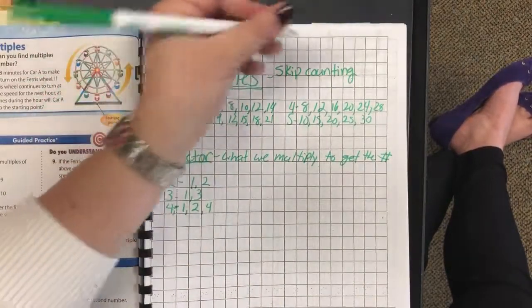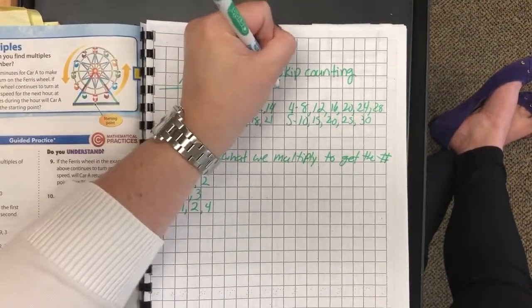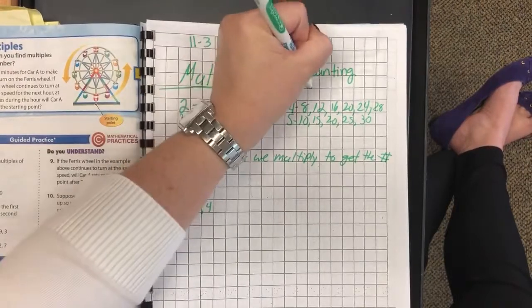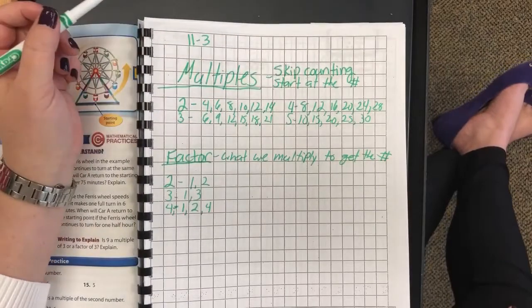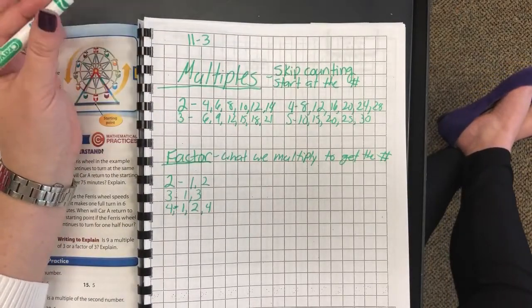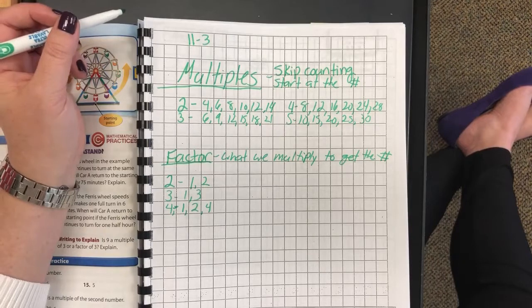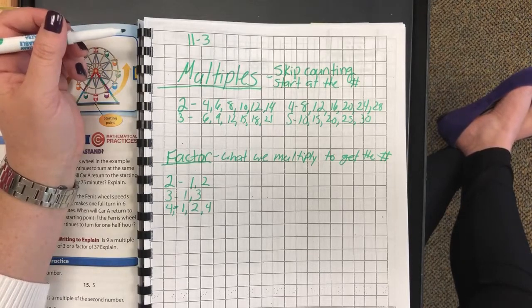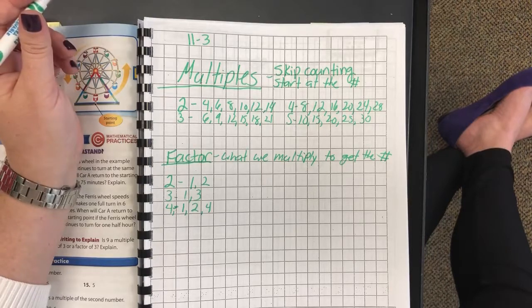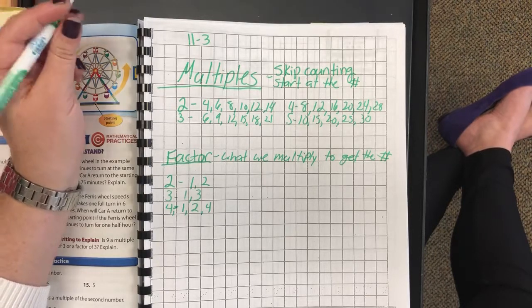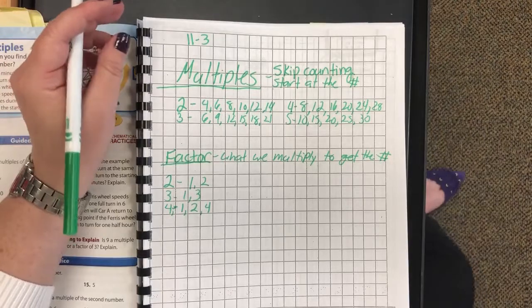Multiples are skip counting, and we start at the number. So multiples of 2, I skip count on from 2: 2, 4, 6, 8, 10, 12, 14, 16. Factors of 2, what times what will equal 2? 1 and 2, okay?